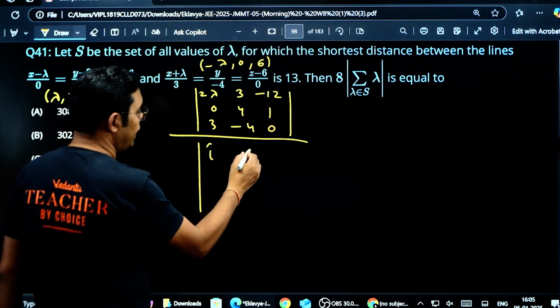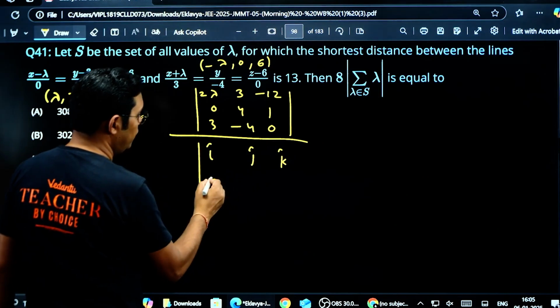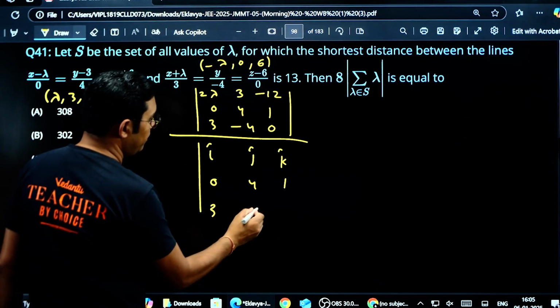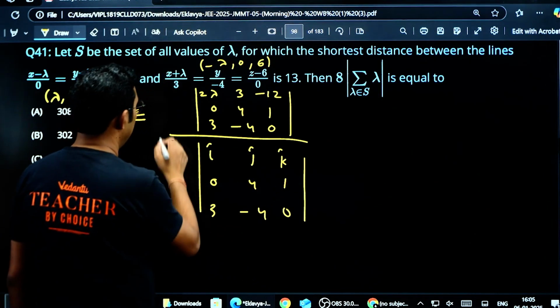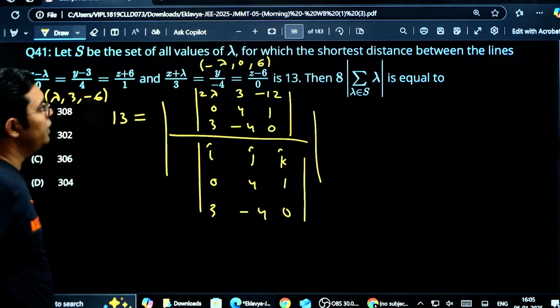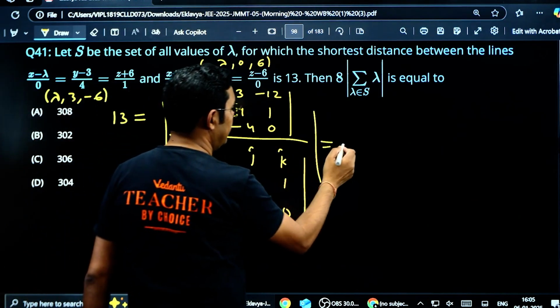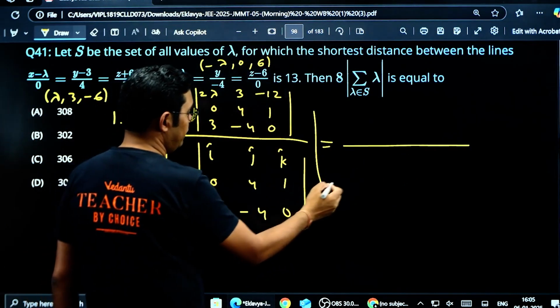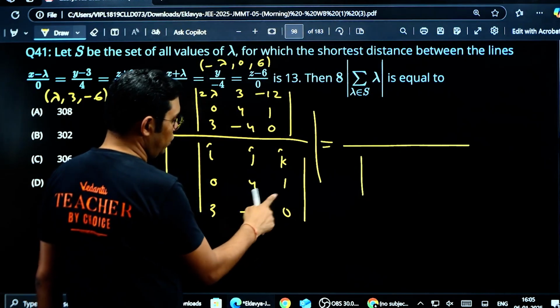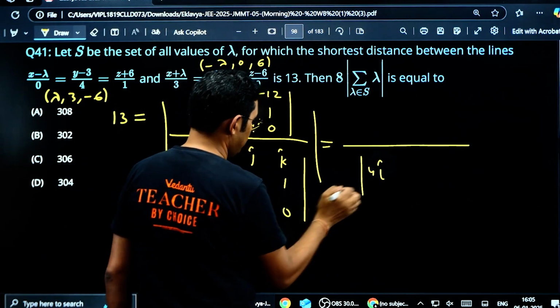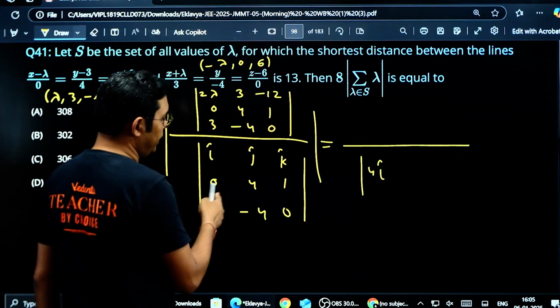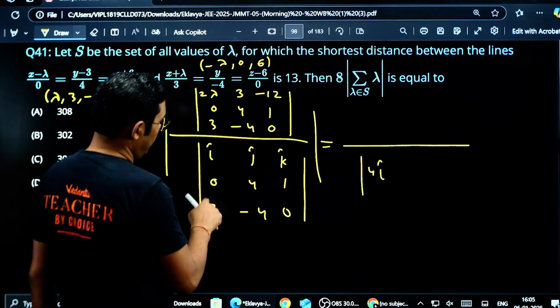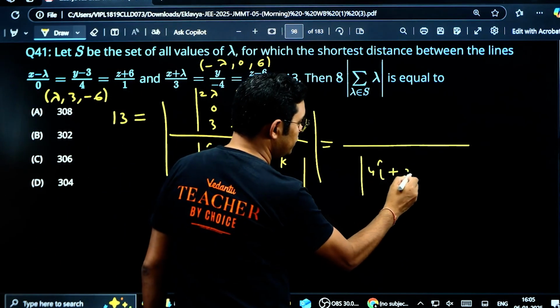So i cap, j cap, k cap, 0, 4, 1, 3, minus 4, 0, mod. Now let us first find the vector here. It will be 4 i cap here, 0 minus 4, so minus 4 i cap. For j it will be 0 minus 3, so it will become plus 3 j cap.